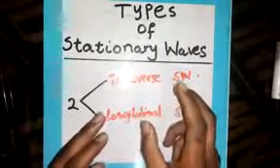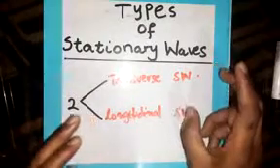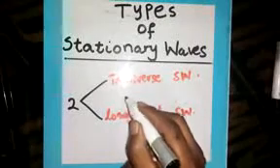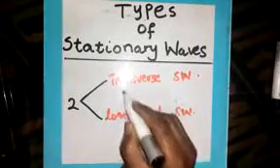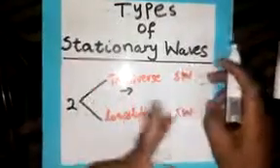Those are the conditions. Therefore, a transverse stationary wave is formed when we have two identical transverse waves traveling in opposite directions. Here we're going to have transverse standing waves.